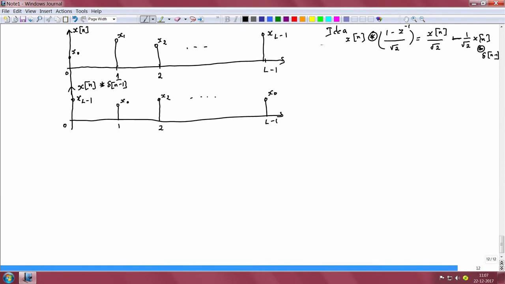This one is y 1 of n, and similarly y 2 of n is nothing but x of n by root 2 plus 1 by root 2 times x of n convolved with delta of n minus 1.